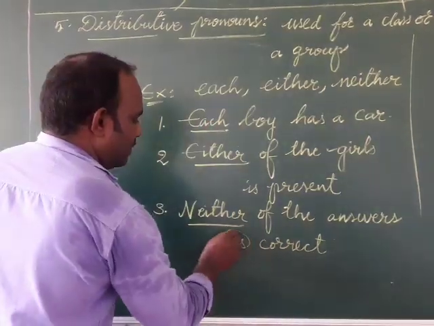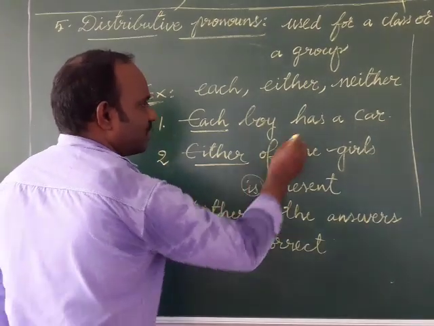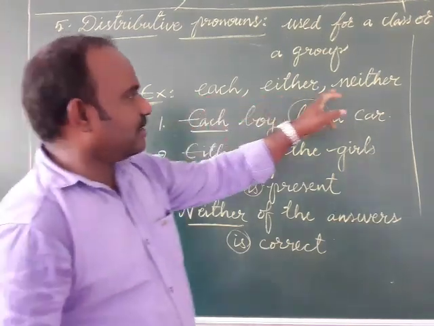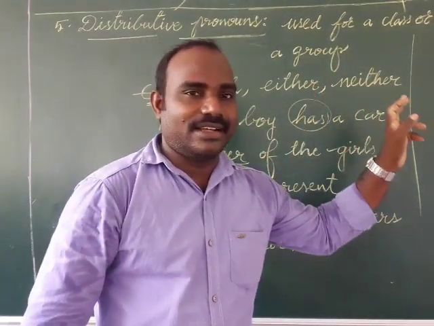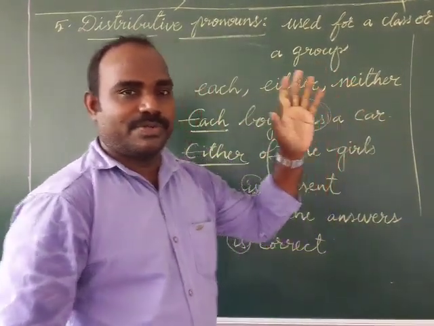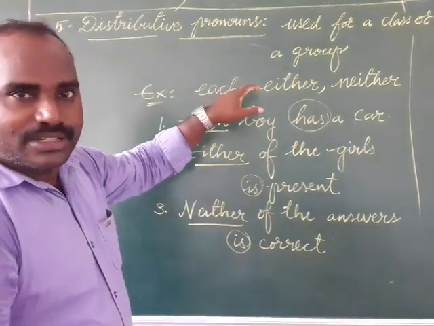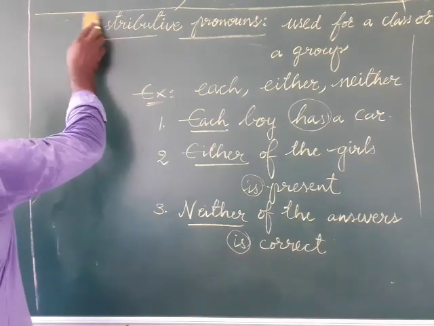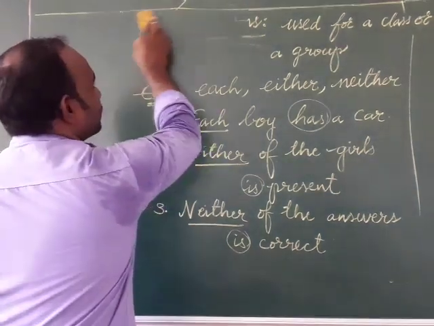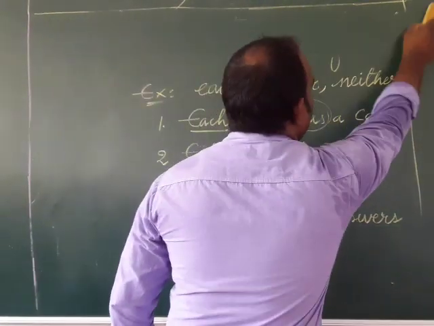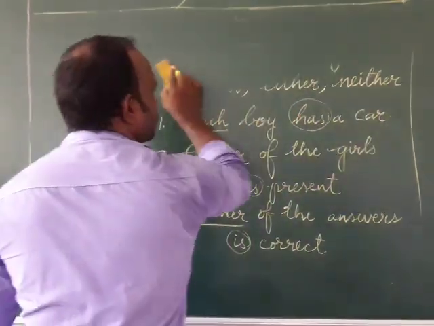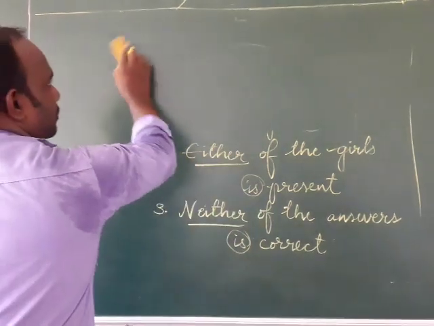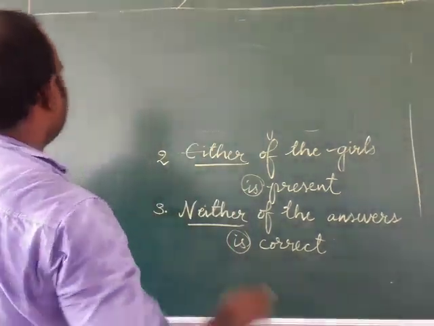See, this is a singular verb here, this is a singular verb, and this is a singular verb. Okay, each, either, neither are called in English distributive pronouns, and note them down in your notebook. And we are going to learn the sixth type of pronoun.